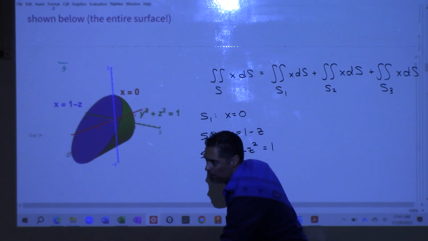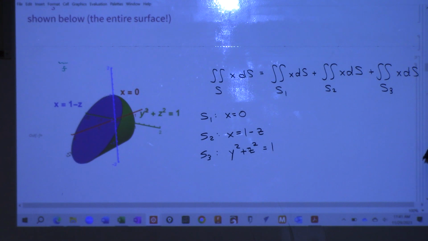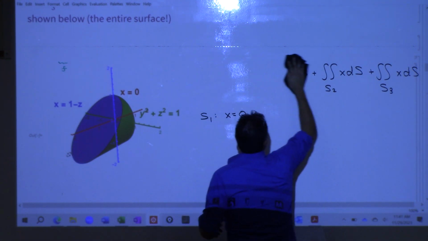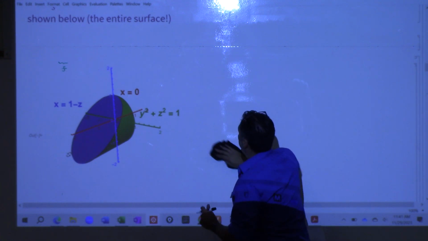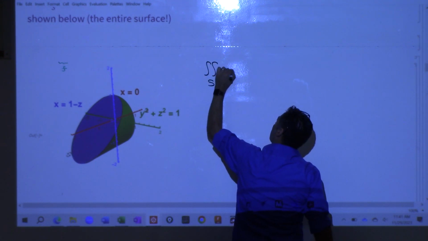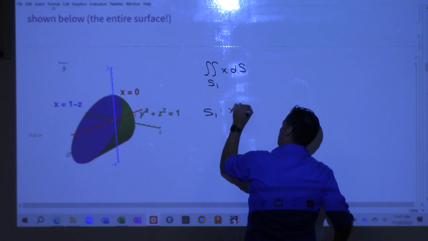Let's start with S1. I'm going to erase this. So here's what I'm trying to do. I'm trying to do the double integral over S1 of x dS. S1 is x equals 0.